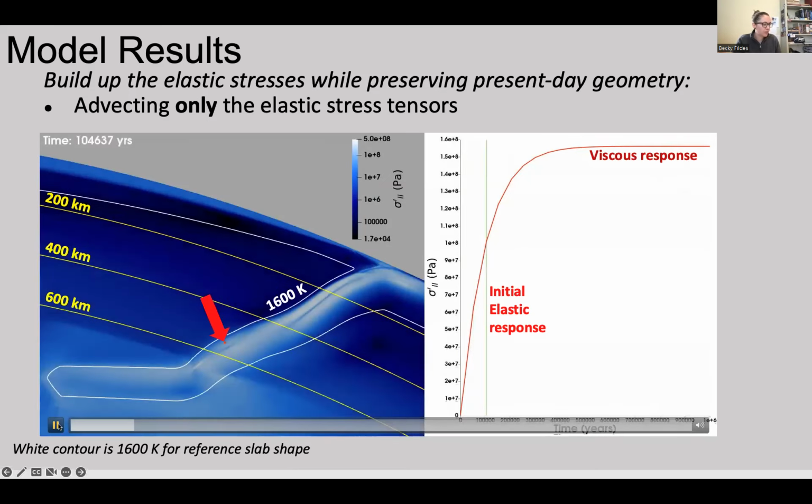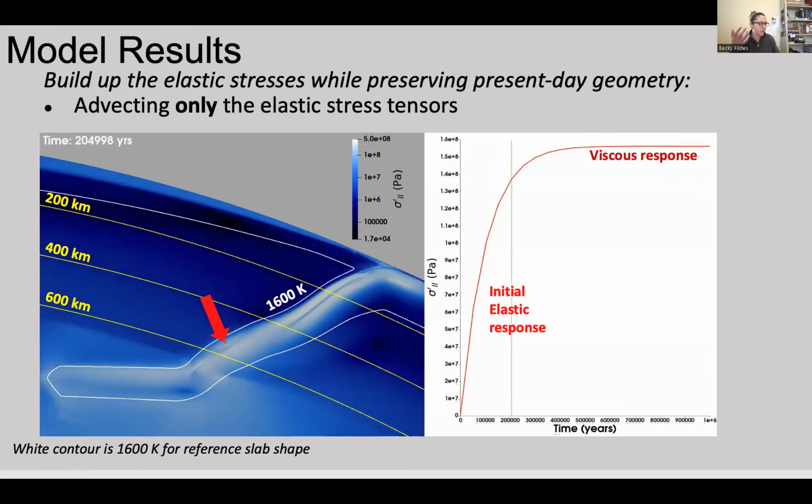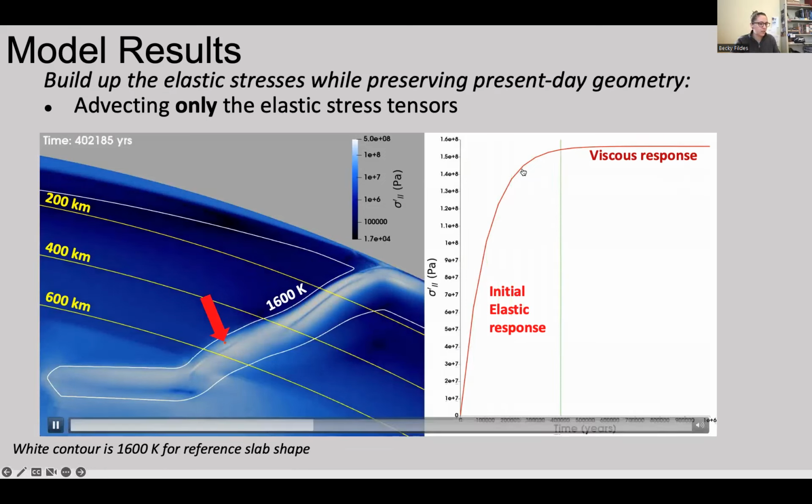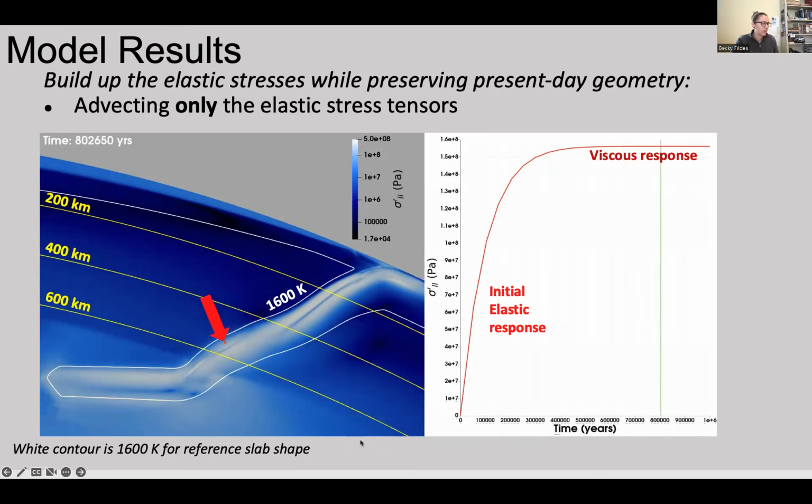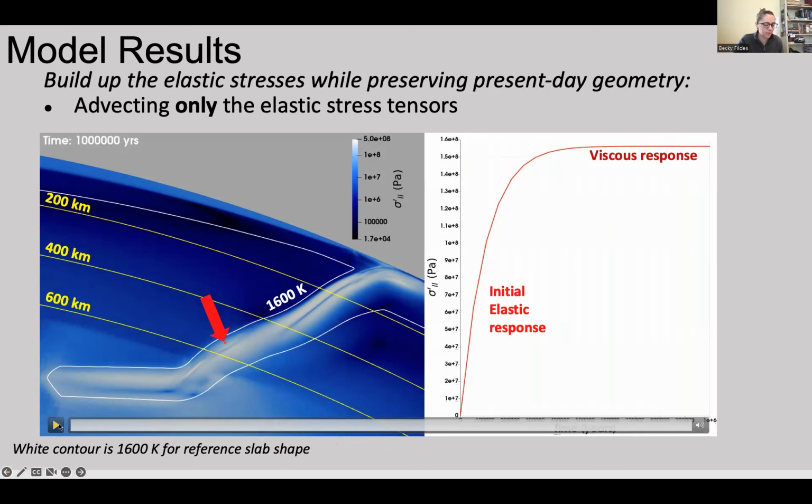And so as it's running, you see the stresses building up. We have this initial elastic response in the beginning, and then kind of moving into this viscous regime here. And so we have this nice viscoelastic curve for this point down deep in the slab. So we only are going to run these for a very short amount of time and just want to build it up to get those stress levels in the slab.